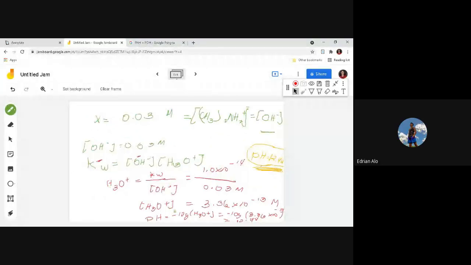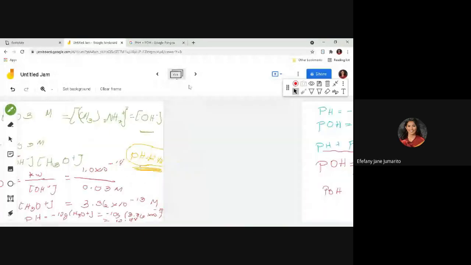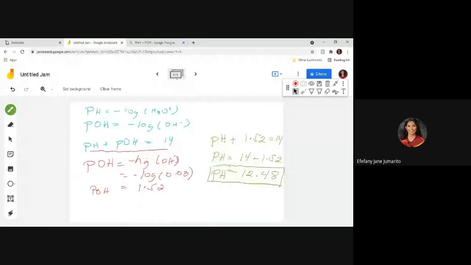Okay, this one is easier. You can also use pH plus pOH is equal to 14. If pH is equal to negative log of H3O plus, then you can also get pOH as negative log of OH minus.